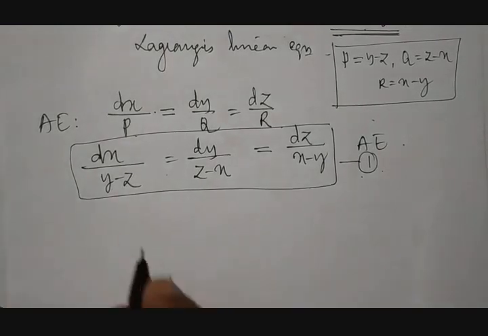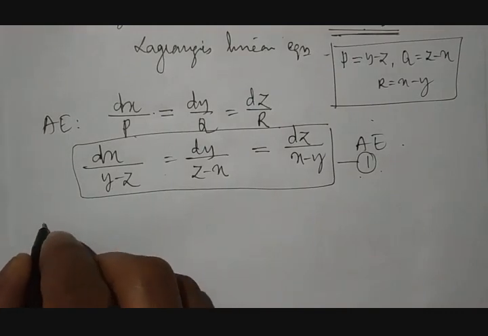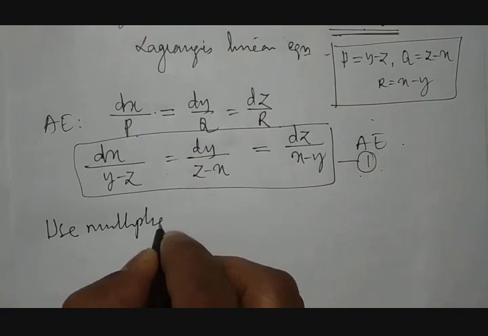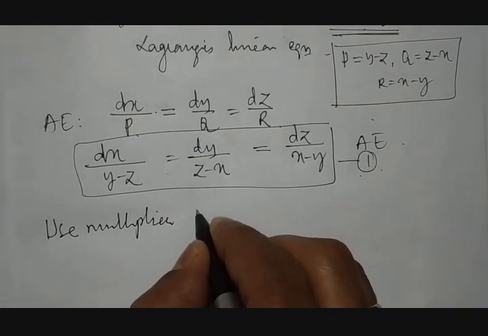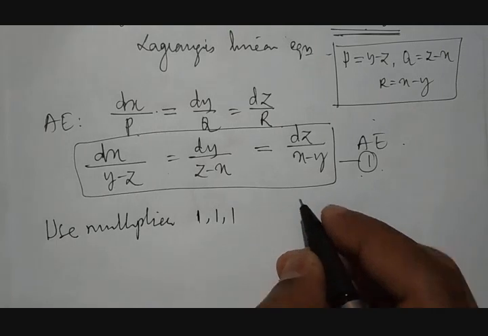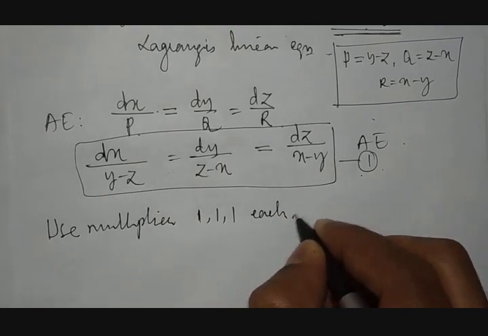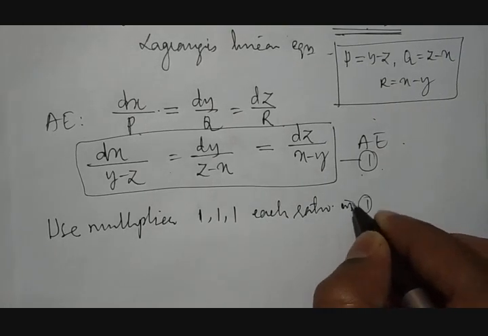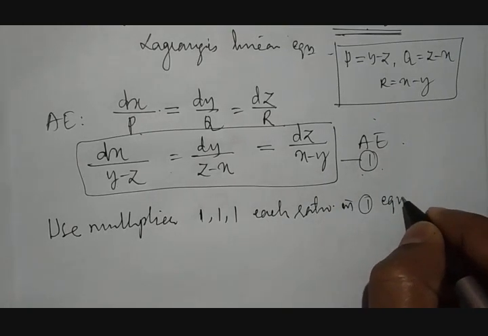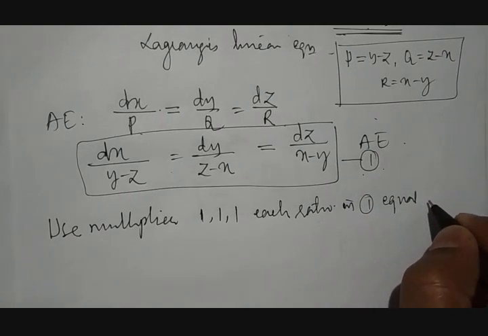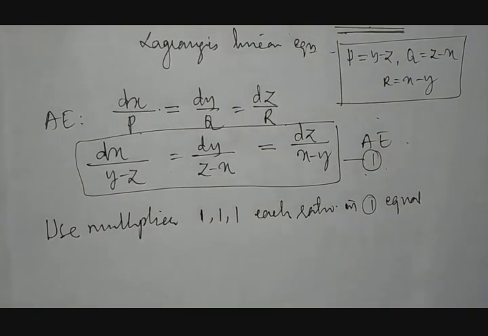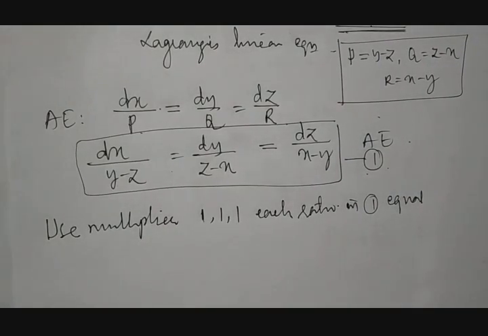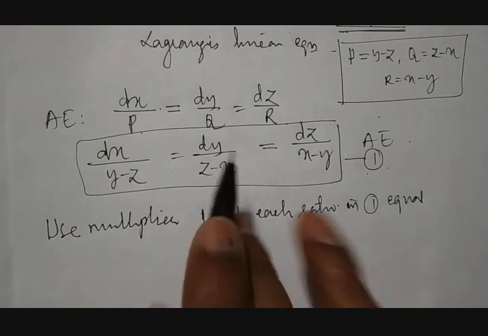So for example, first if I choose the multipliers 1, 1, 1, that is, each ratio in equation number 1, the auxiliary equation, is equal. You can see the first term equal to second term equal to third term, so the ratio whatever we have chosen must be equal here.